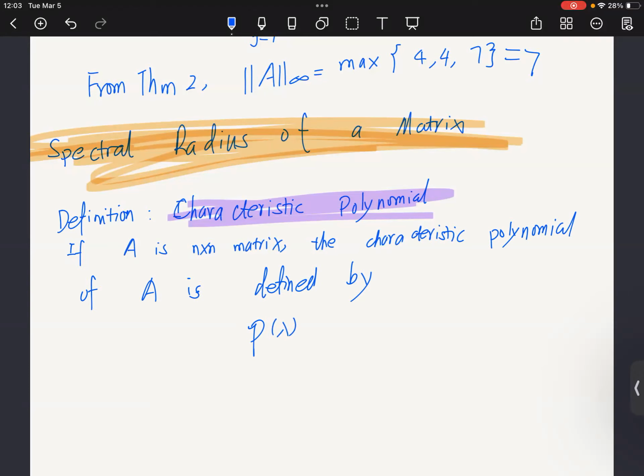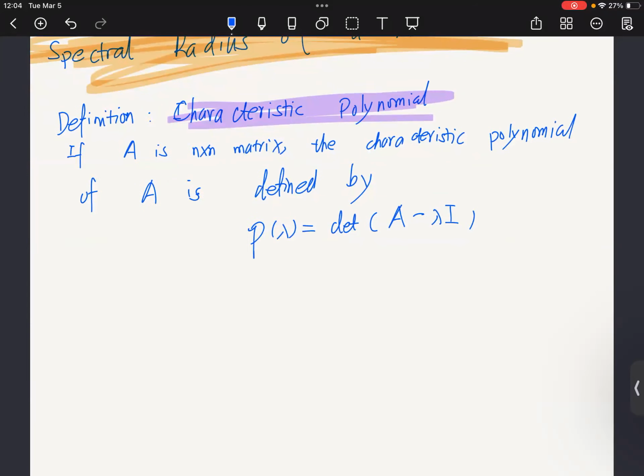It's a function of lambda. And we define this characteristic polynomial as just the determinant of A minus lambda times the identity matrix. And that's the characteristic polynomial.